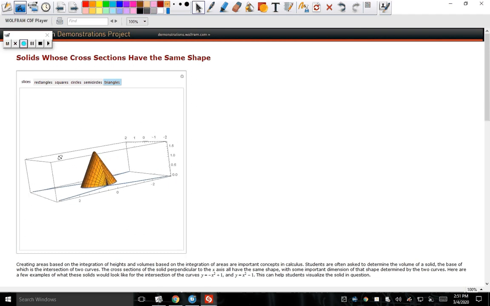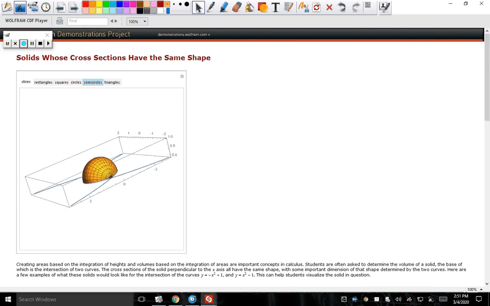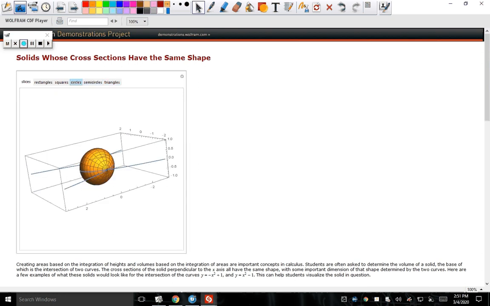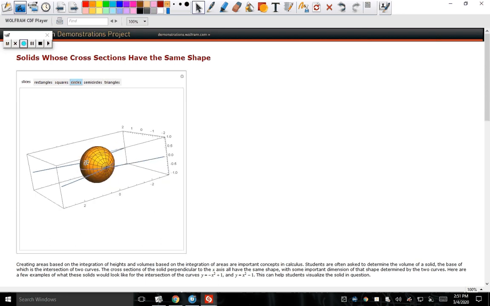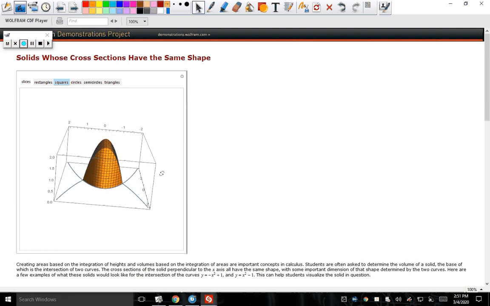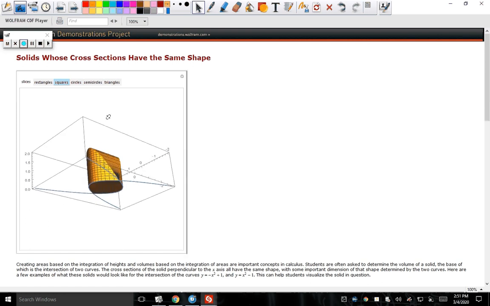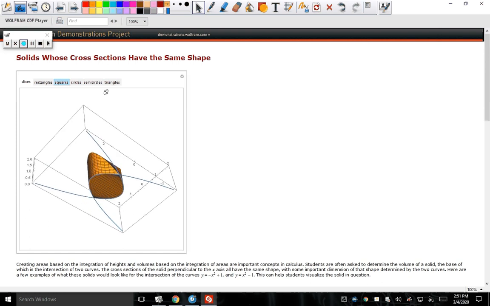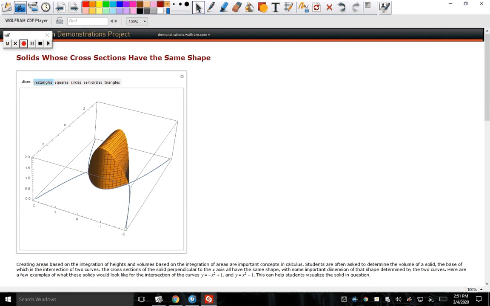The cross sections of this volume are triangles, semicircles, circles, which creates this sphere kind of looking thing. Okay? Squares. So there's big squares in the middle, smaller squares at the edge, but all the while it still has that base. That's the region between two of those functions.